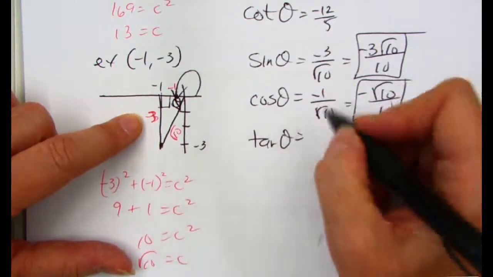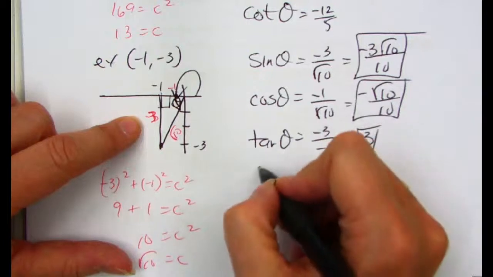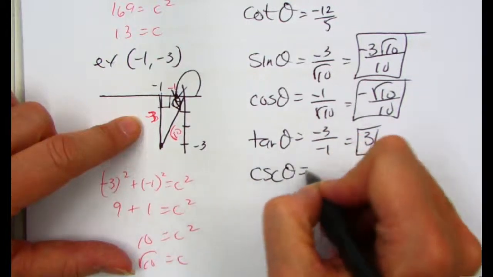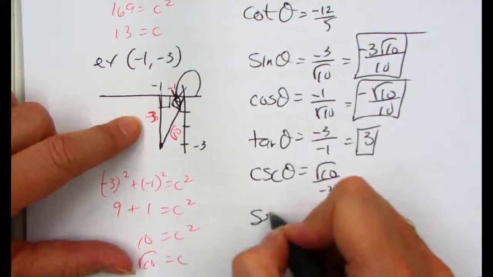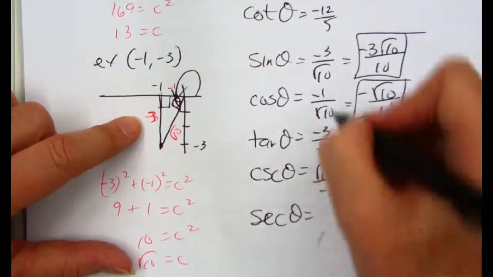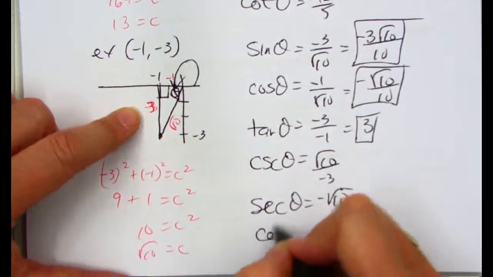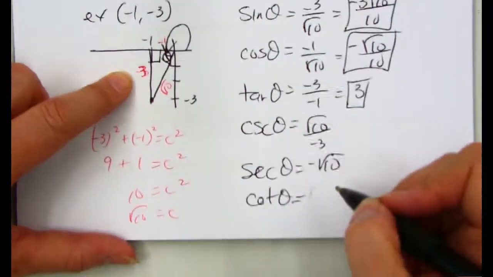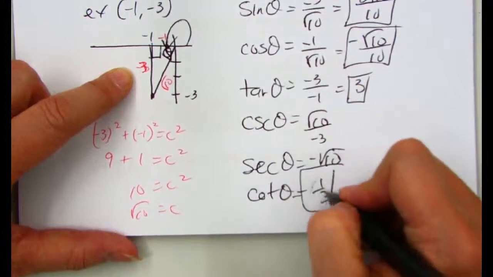Tangent of theta is negative 3 over negative 1, which is a positive 3. Cosecant of theta is the reciprocal of sine, square root of 10 over negative 3, done. Secant of theta is the reciprocal of cosine, negative square root of 10. And cotangent of theta is the reciprocal of tangent, which is 1/3.